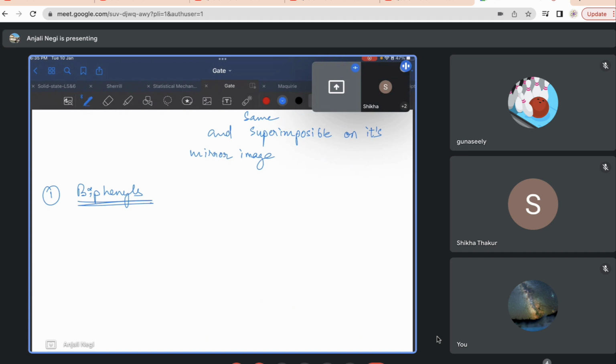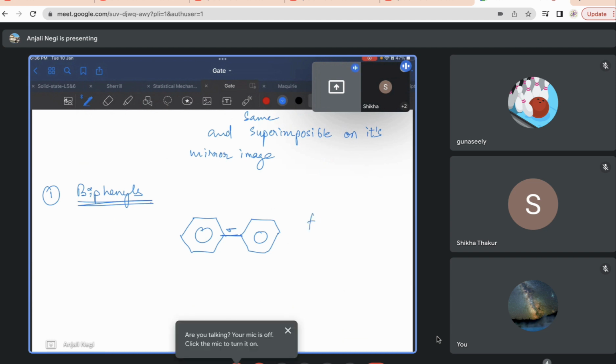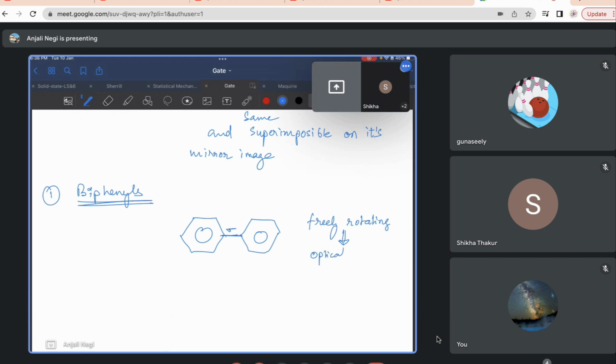When I am talking about biphenyls, any biphenyl, if I just draw it here, there is a sigma bond here, and these two planar rings are freely rotating when there are no restrictions present. When they are freely rotating, they are optically not active, or they don't have any stereoisomers, correct?